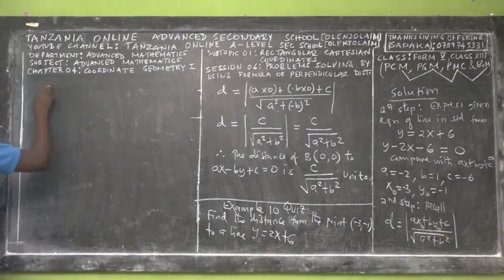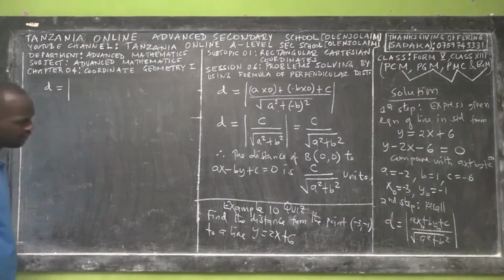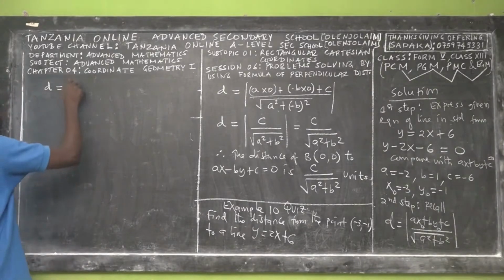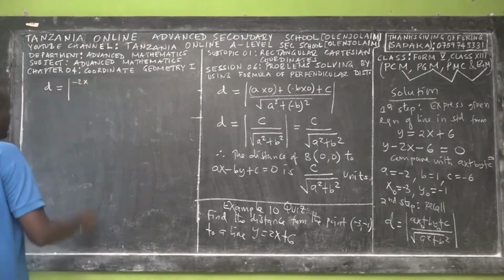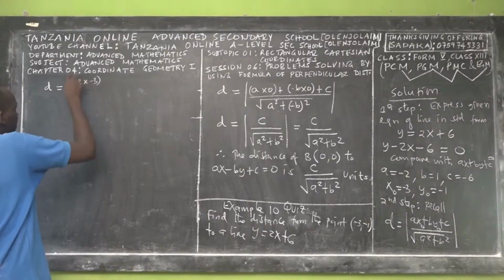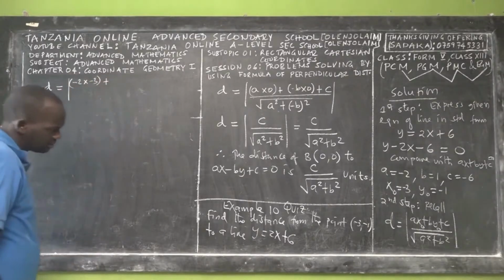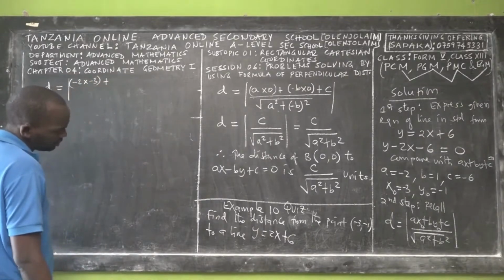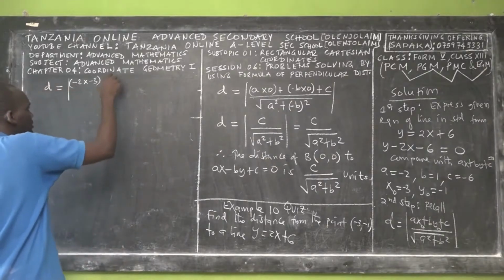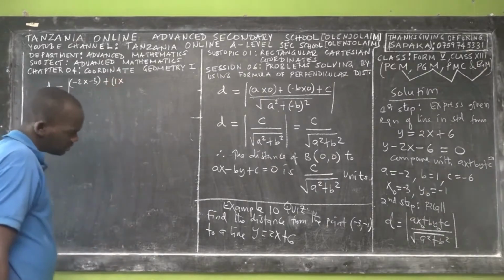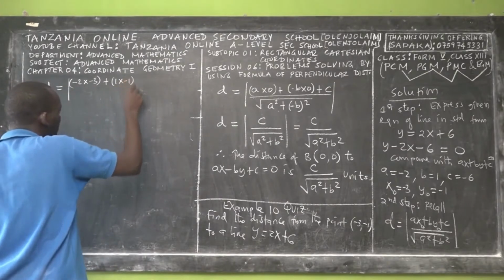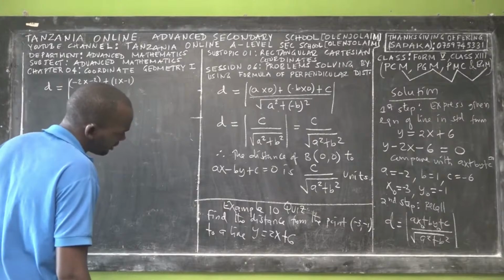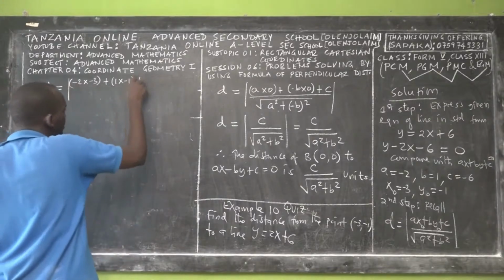So the perpendicular distance is equal to A, which is -2, times x naught, which is -3, plus B, which is 1, times y naught, which is -1, then plus C, which is 6.